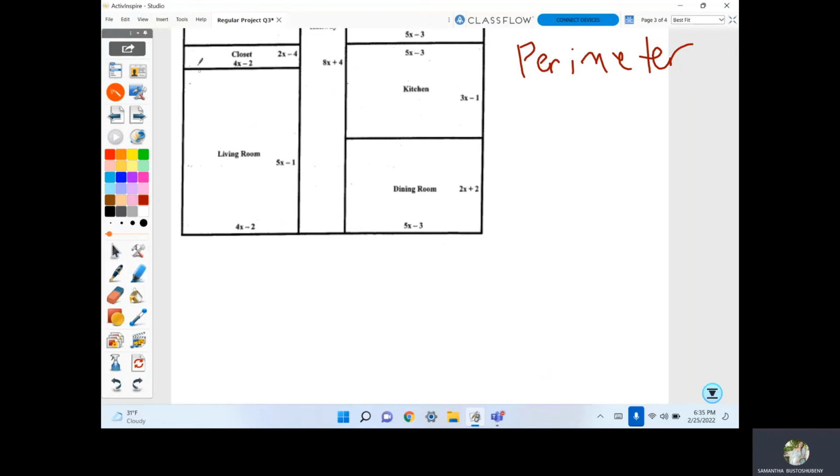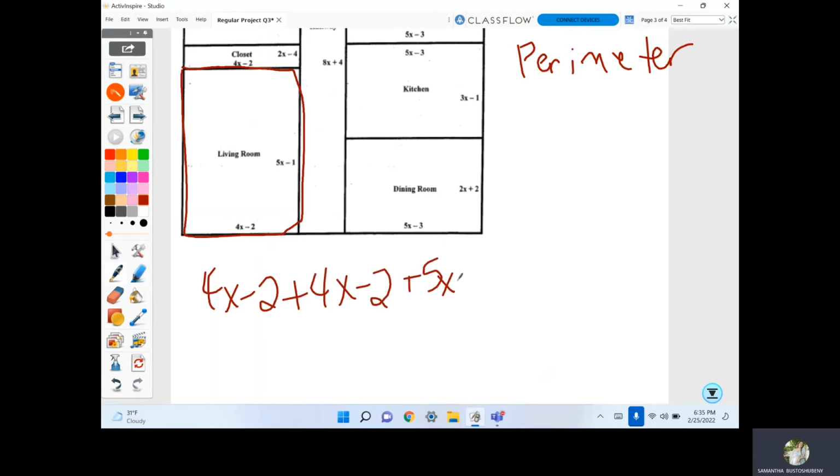I've got 4x minus 2 plus 4x minus 2 plus 5x minus 1. So remember, opposite sides are equal. That means I need to have another 5x minus 1 on the other side.